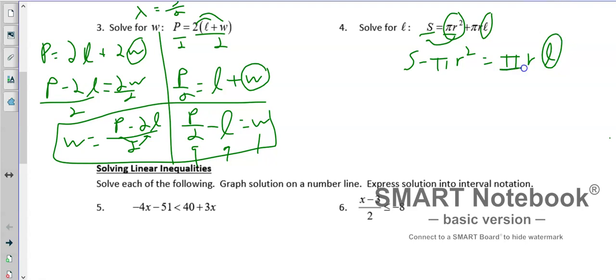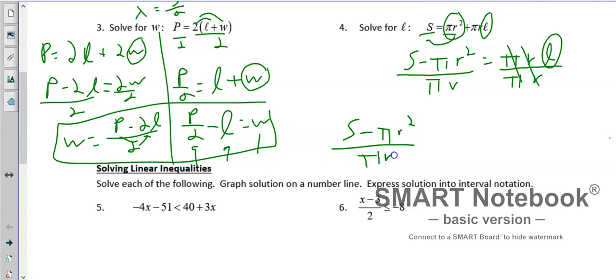These two things are attached by multiplication. So at the same time, we can just get rid of them by division and put it all under pi r. Cancel, cancel. Now, don't do any canceling over here because that's a subtraction sign. Just like on number 3, it's going to be S minus pi r squared over pi r equals L.